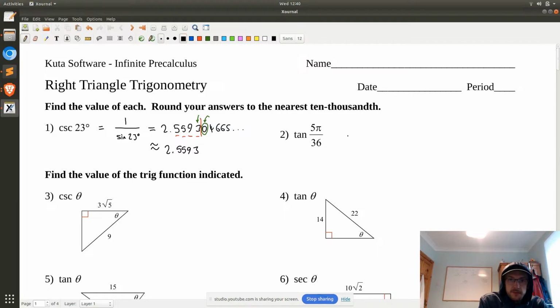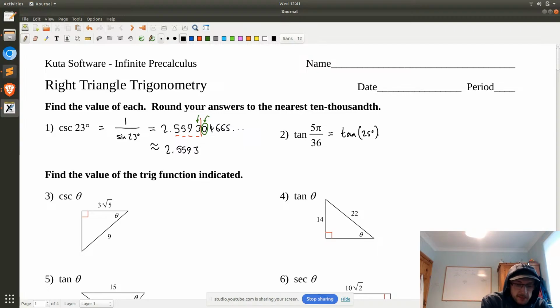Tan of 5 pi over 36. So you've got to make sure that your calculator is in radians for this, but it's a good exercise to turn this into degrees if you can. So pi radians is 180 degrees, and therefore pi radians divided by 36, well, that would be 5 degrees, and therefore this is tan of 25 degrees.